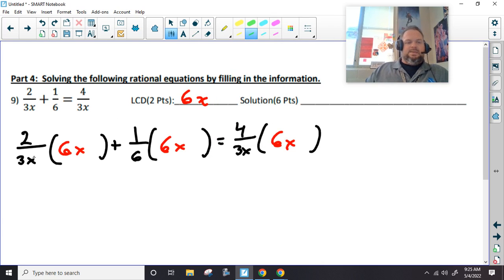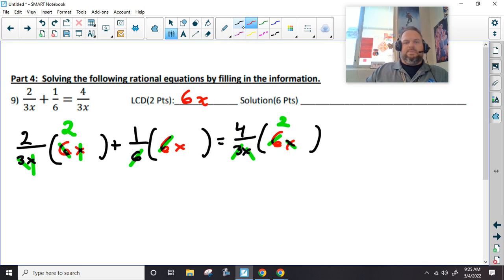All right. On this one, the x's will cancel and the 3 will actually go into 6. You could do that too. So that changes to a 2. These 6's will cancel and kind of the same thing here.